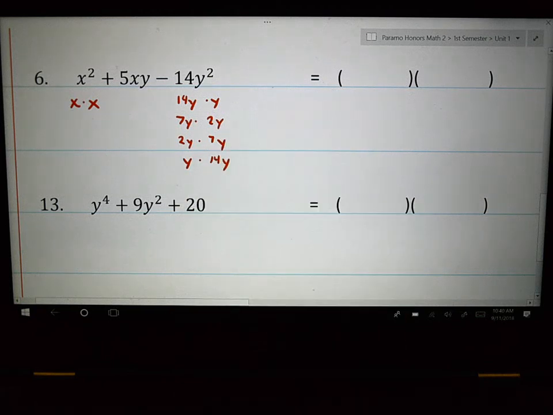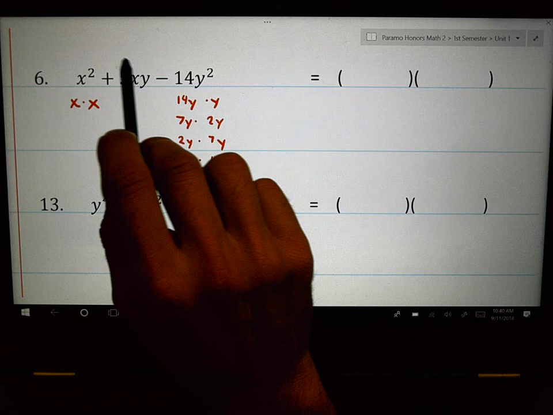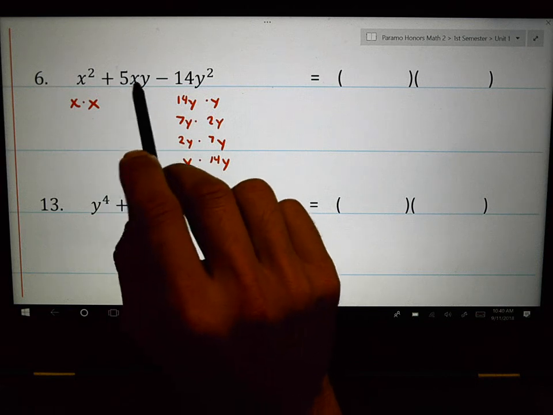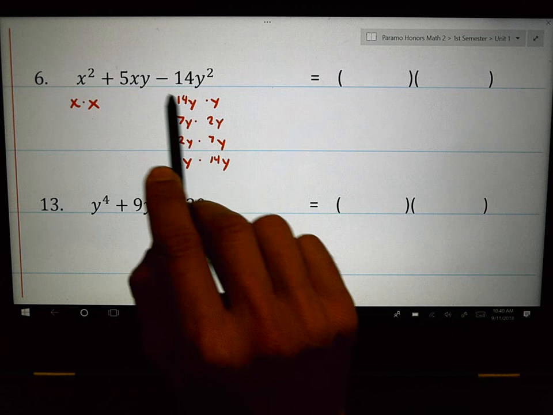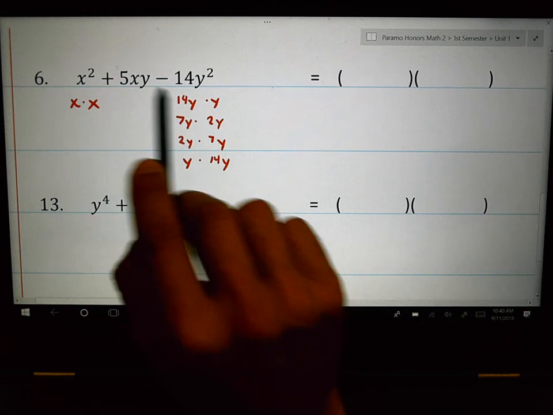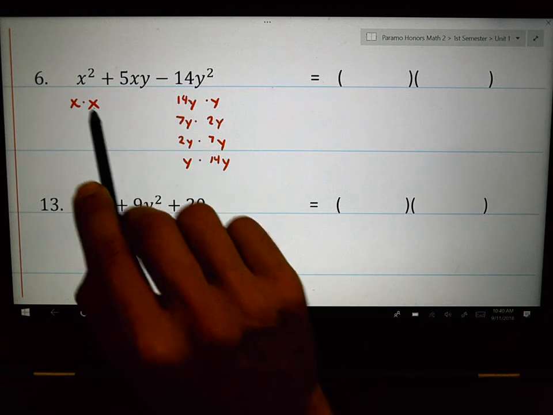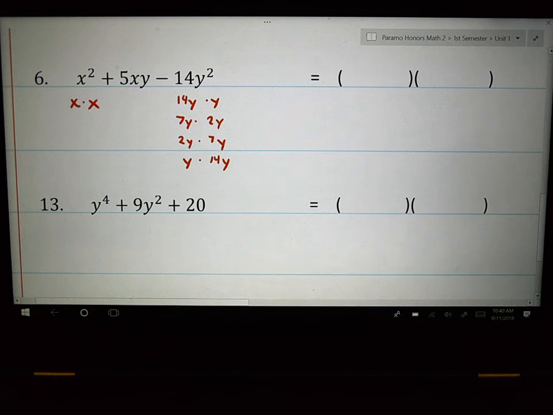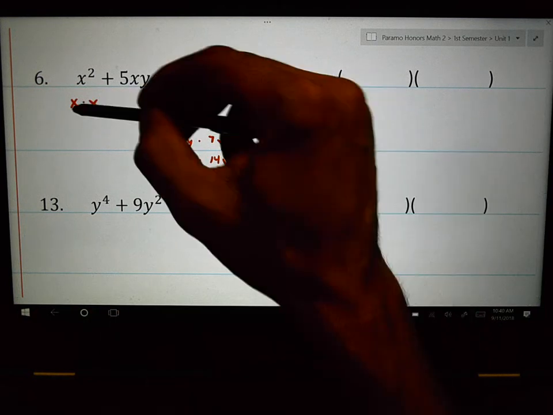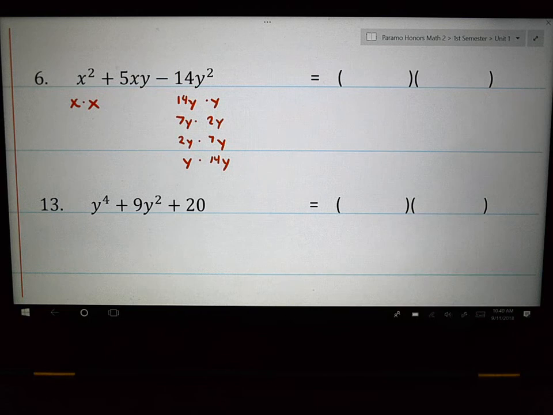Hang on a second. If you're trying to imagine in your head what comes out to be a 5xy, when you do an x times this, you're going to get like a 14xy, and this other one is going to be another xy. In my mind, that makes 15xy. I can already tell it can't be this top one.